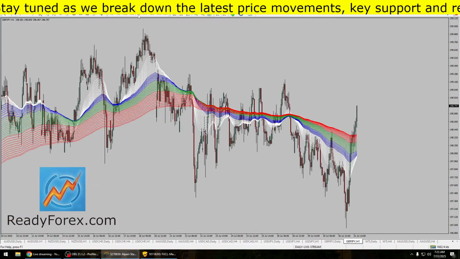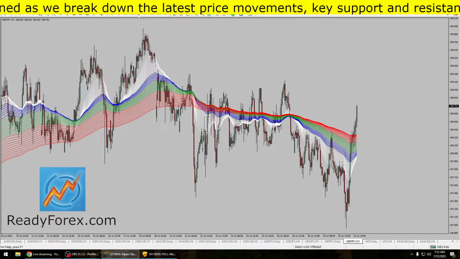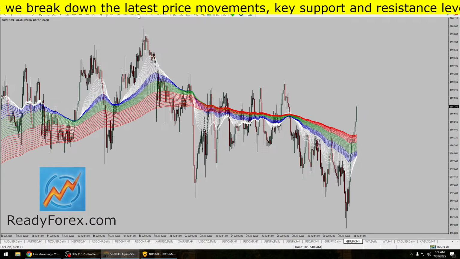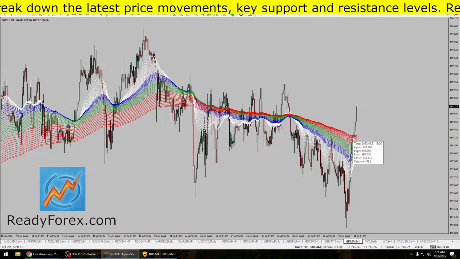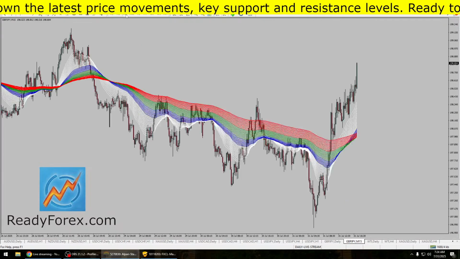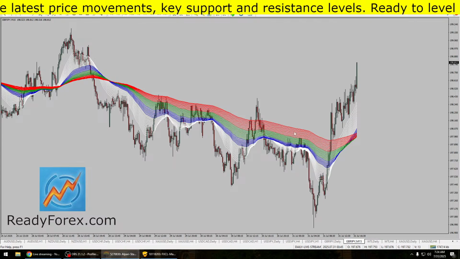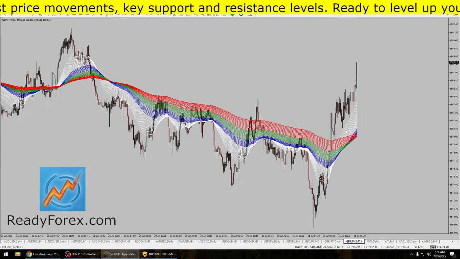If you check out the 1 hour time frame, price action was trying to go lower, but now I think the 1 hour is going to change its direction. Let us take a look at the 15 minutes time frame. On the 15 minutes chart, the rainbow is turning up.